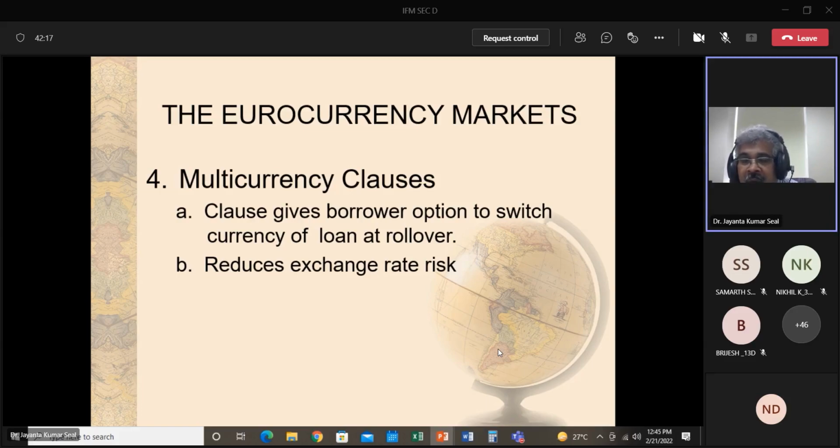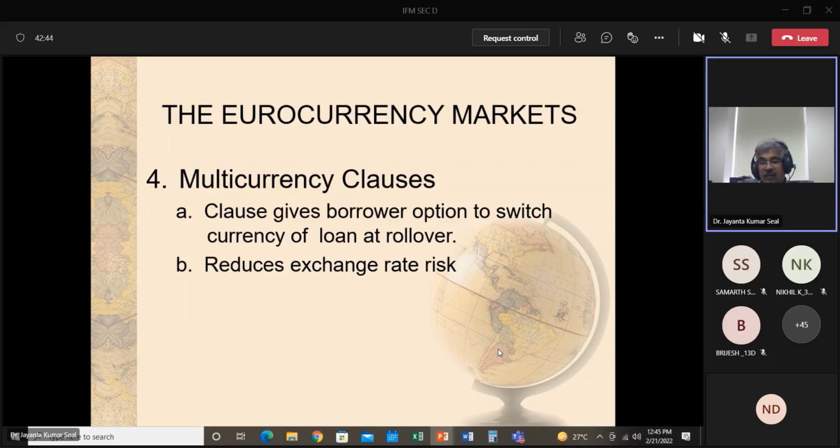That choice also you have. Along with that, suppose you borrow in dollars, after 2 years you roll over, that is you extend the loan. At the time of rollover, you can change the currency. That is also possible, depending upon your exchange rate risk, depending upon the exchange rate of those two particular currencies.